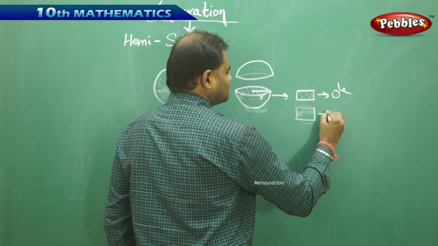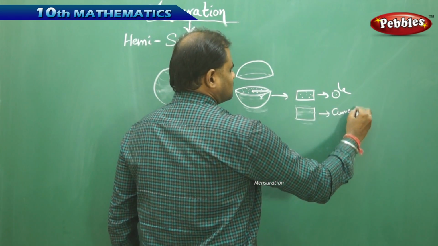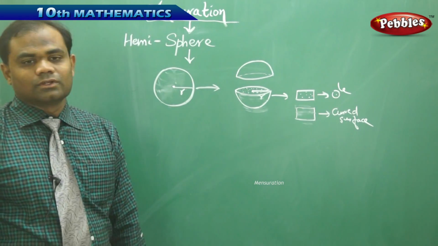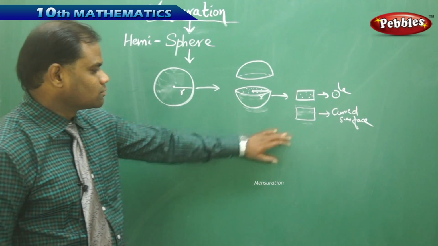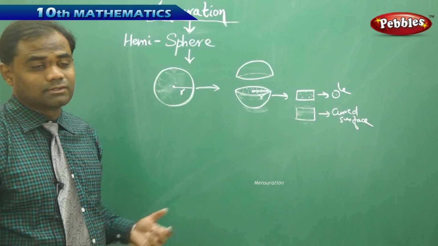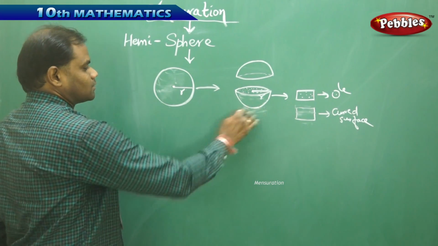So using these two regions, I'm going to find the total surface area and the curved surface area of the hemisphere.